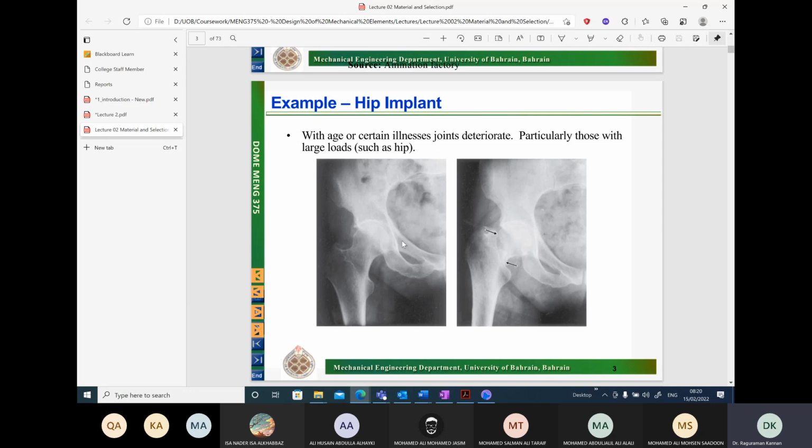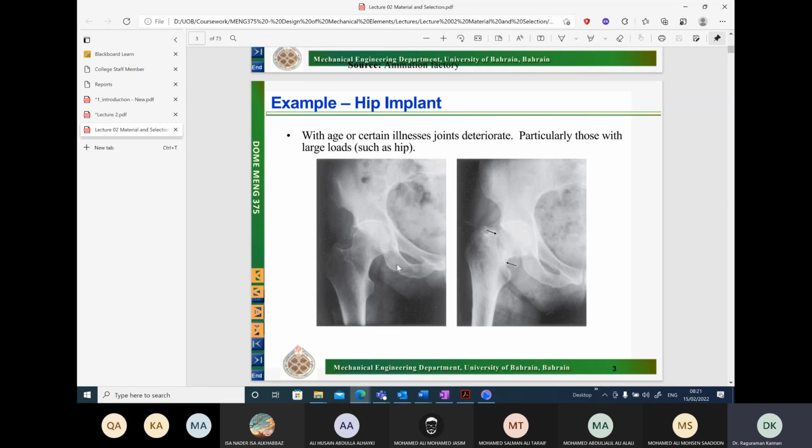So this is a biological material, and over a period of time this lubricating material wears off, and because of that the bones start touching each other, and it might cause certain nerves to be caught here and it leads to too much pain.